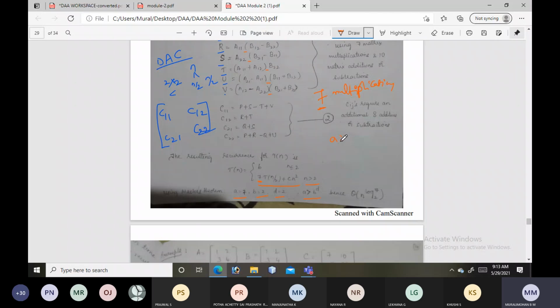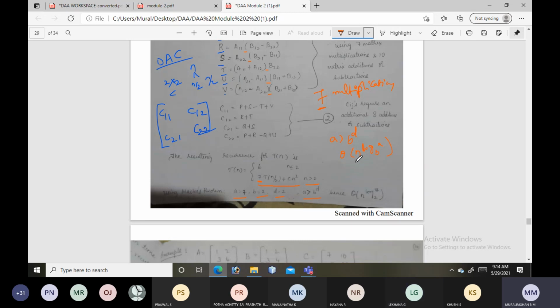So what should I write now? Theta of n power log b base a... rather, n power log of a base b, right?